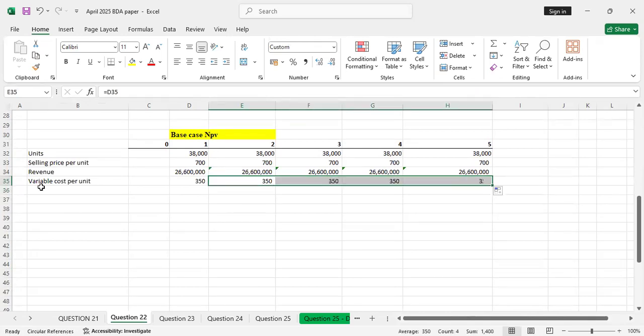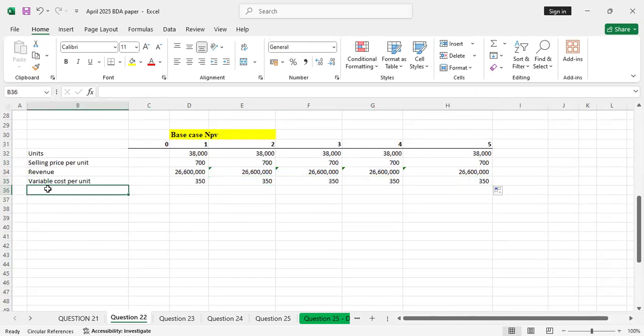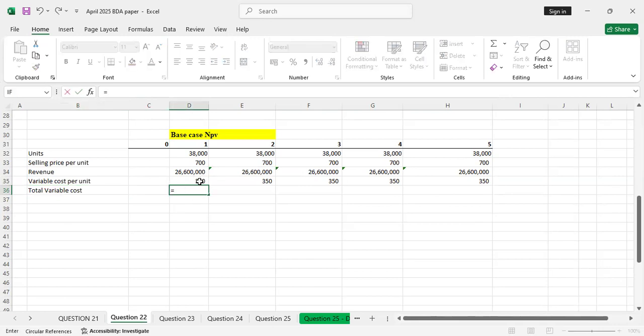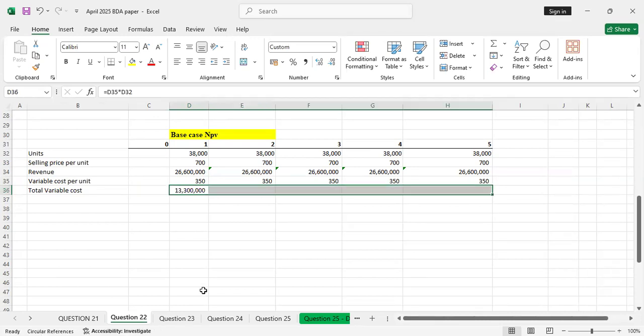At that point, you can just drag, so that you get the total variable cost. The total variable cost will be the variable cost per unit times the number of units produced and sold, because that's what we use to calculate the cash flow. So at that point, we just drag.